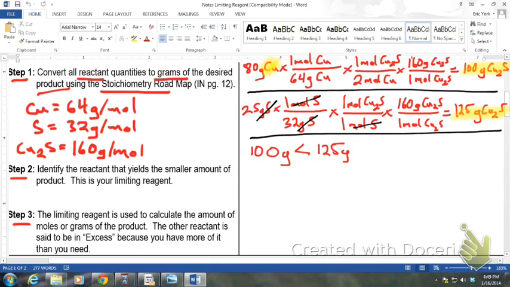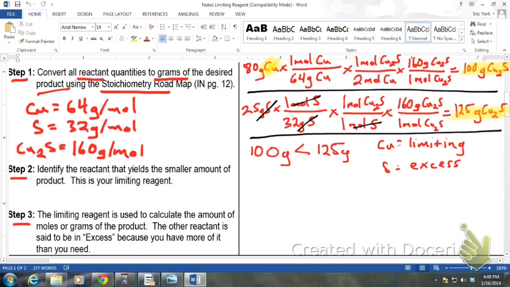So I'll just write that over here and I'll let you write it as well. So copper equals limiting, and then the sulfur is in excess, meaning we have extra sulfur left over.